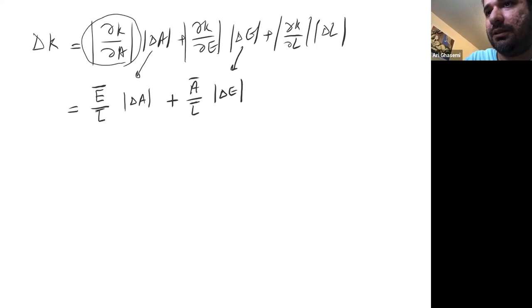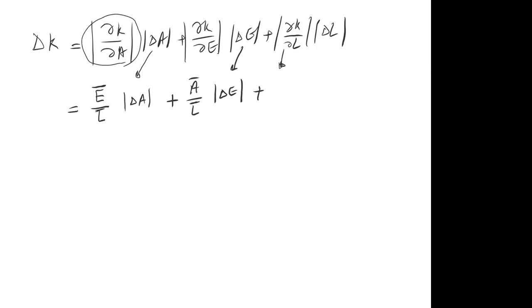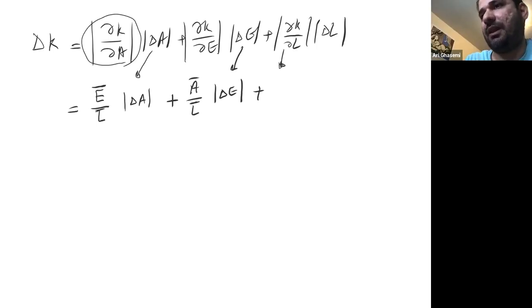Now we go to the last one. What should I put here for partial K partial L? Absolute value of partial K partial L. Going back to the formulas, we just wrote it in the previous slide: the absolute value of the negative EA over L squared. So when you do that, we say absolute value of AE over L squared.